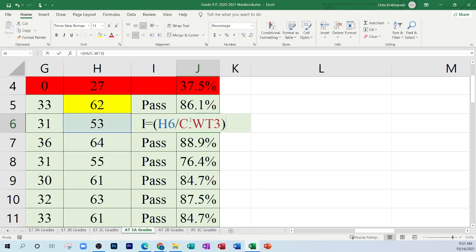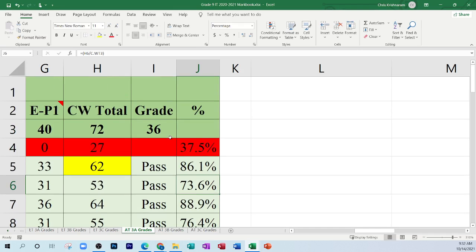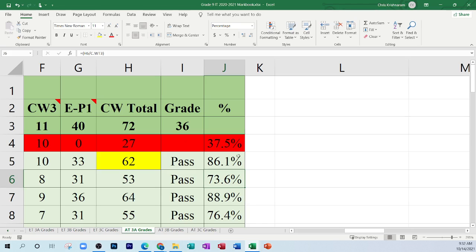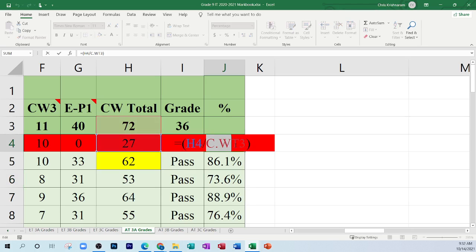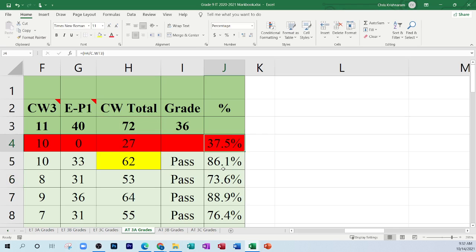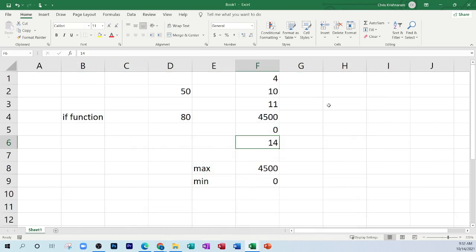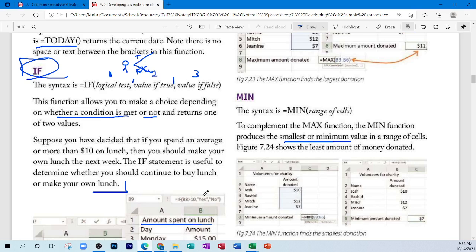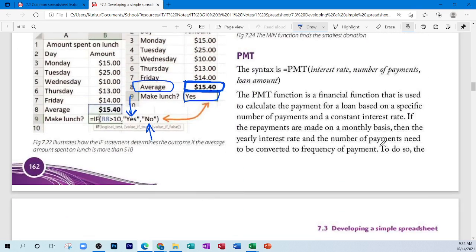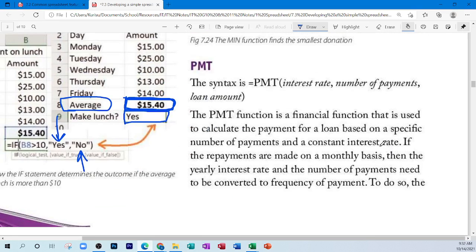Because remember, it's easier to remember the name of the range than to actually remember the name of the cell. And we're actually going to look at why it is useful to name the range also, to name the cell. There's another reason as to why it is useful. Alright, so that's the example there of the if function. Now, we're going to look at PMT.